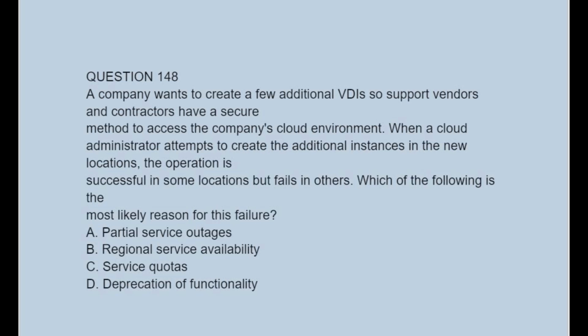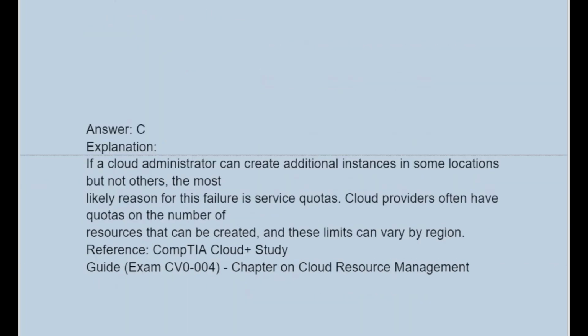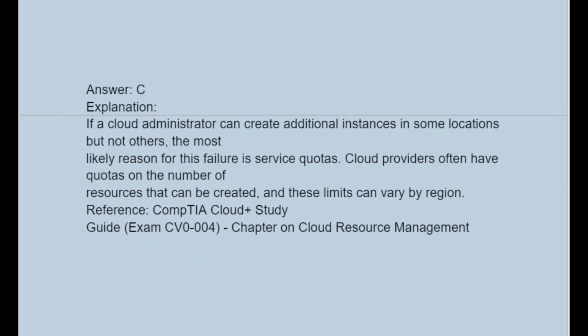Which of the following is the most likely reason for this failure? Option A. Partial service outages. Option B. Regional service availability. Option C. Service quotas. Option D. Deprecated functionality. Correct answer is option C.